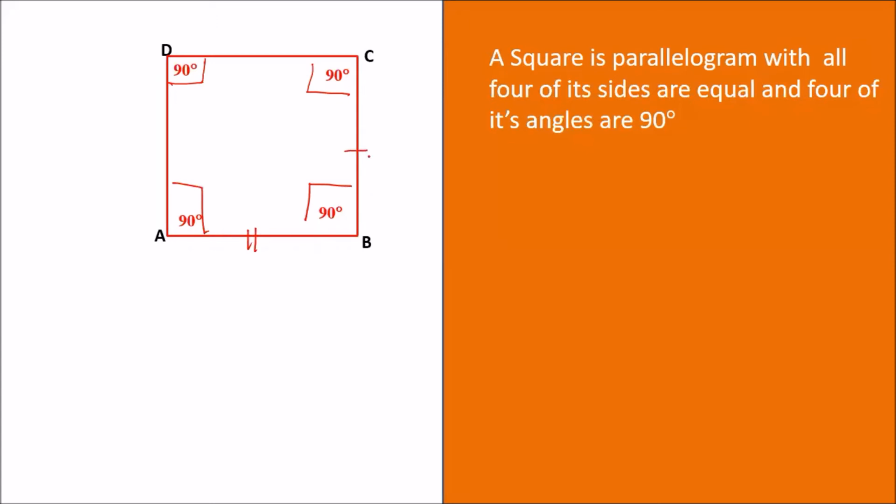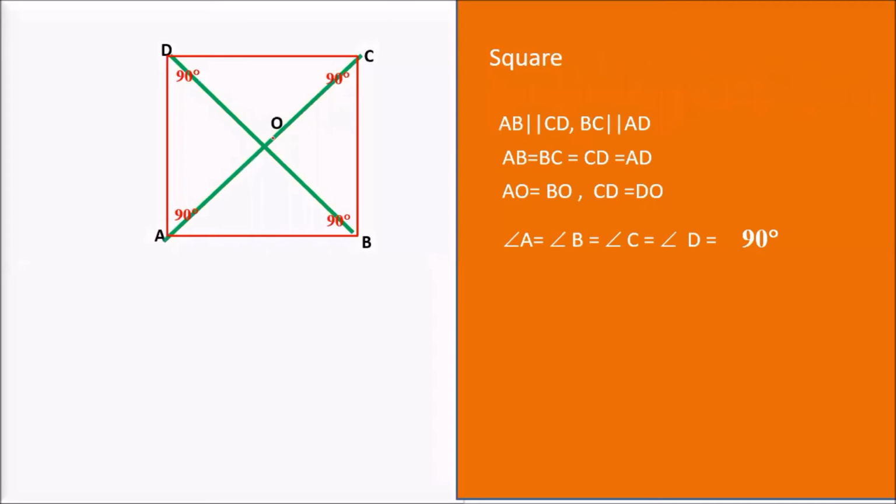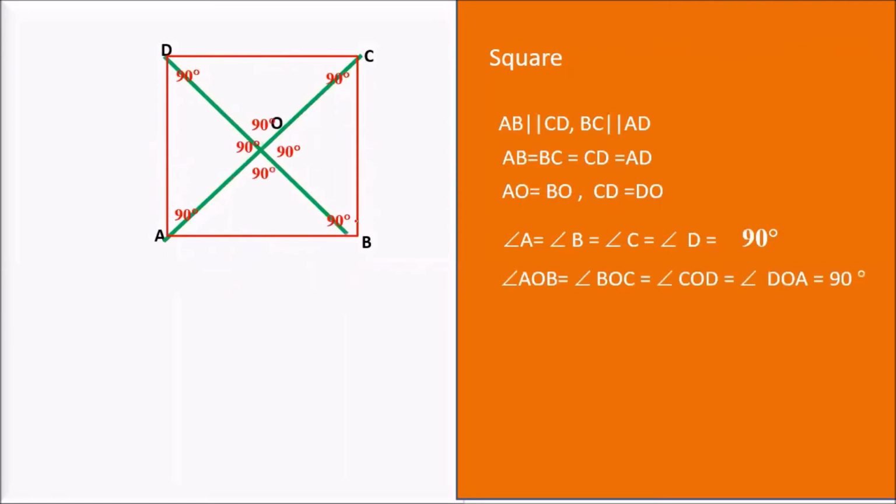So a square is a parallelogram, and the properties of the parallelogram all are true here. AB is parallel to CD, BC is parallel to DA, AO is equal to CO and BO is equal to DO, and all the angles are 90 degrees.